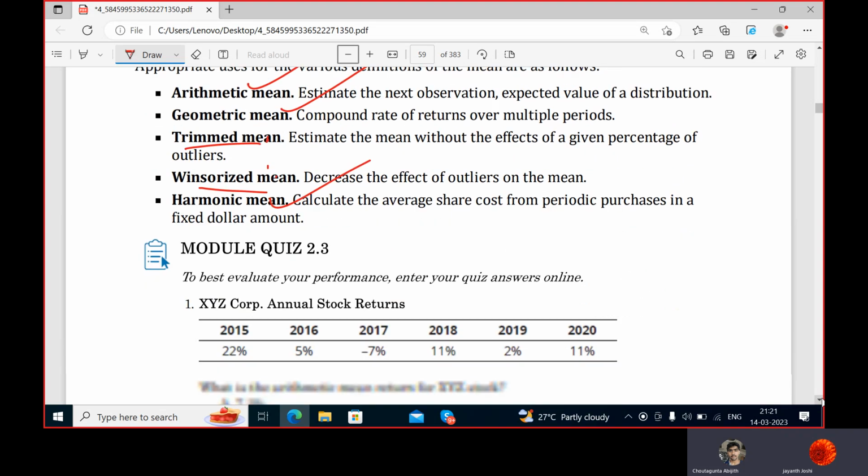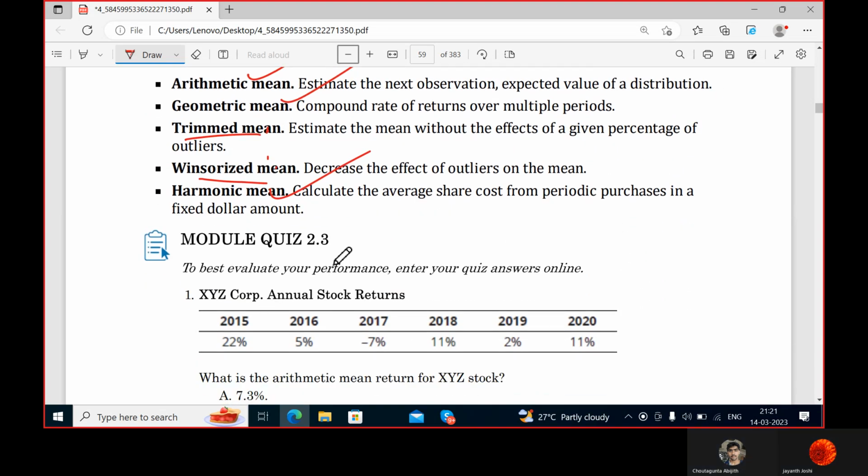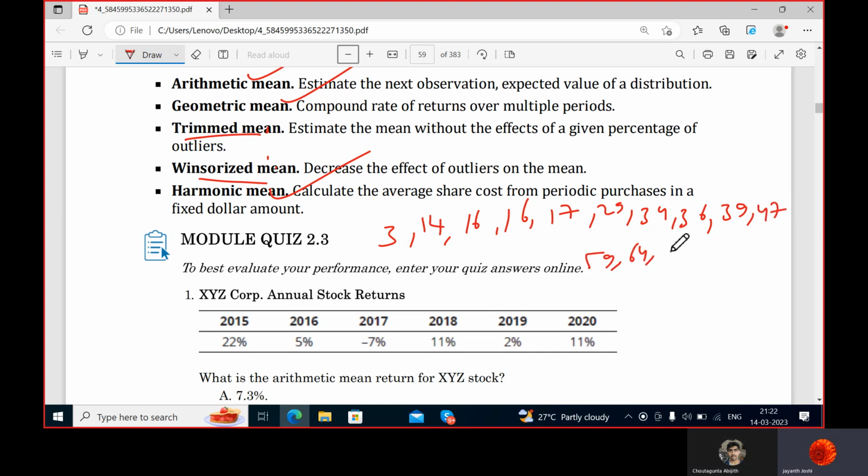So what you do is, let's say I take the data 3, 14, 16, 16, 17, 29, 34, 36, 39, 47, 59, 64, 65, 66, 68, 79, 91, 98.